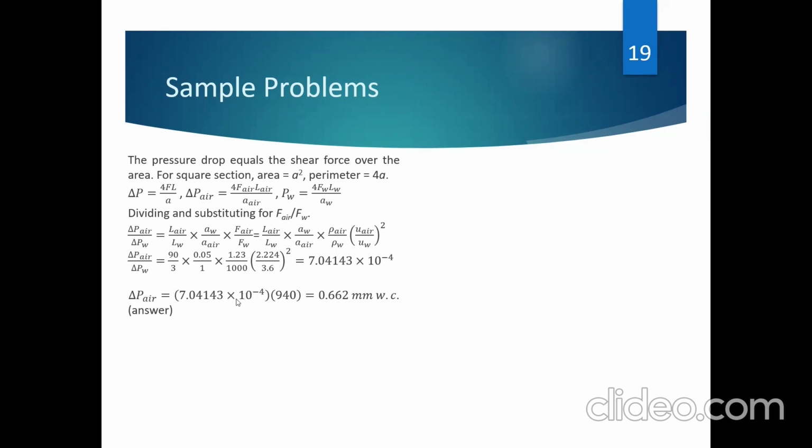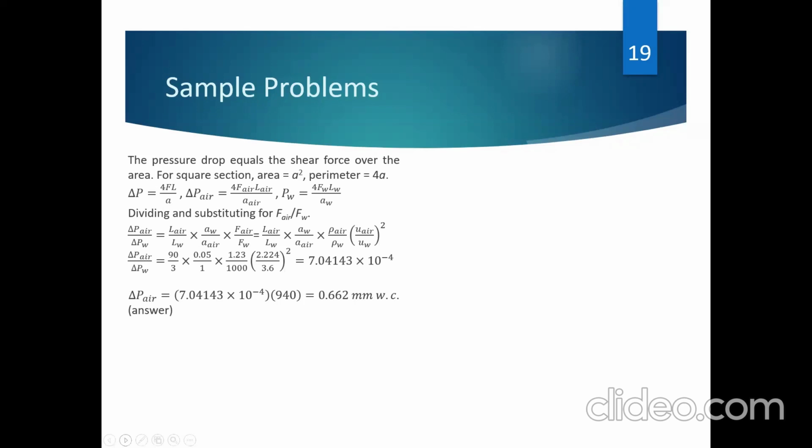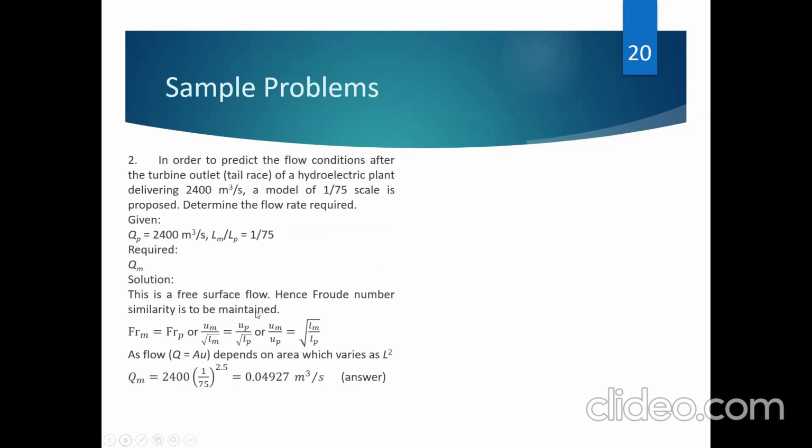Then multiply mo na doon yung ratio times 940 sa water. Ayan. Okay? So next example, number 2.